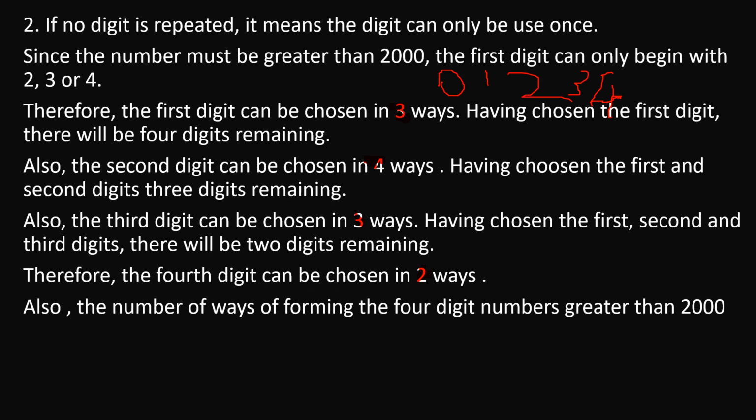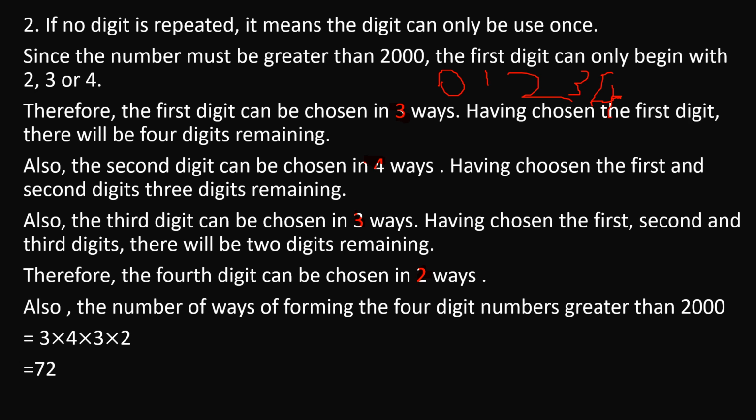So the number of ways of forming a 4-digit number greater than 2000 is going to be 3 times 4 times 3 times 2. The 3 is the number of ways of choosing the first digit, 4 the second digit, 3 the third digit, and the 2 is the number of ways of choosing the fourth digit.